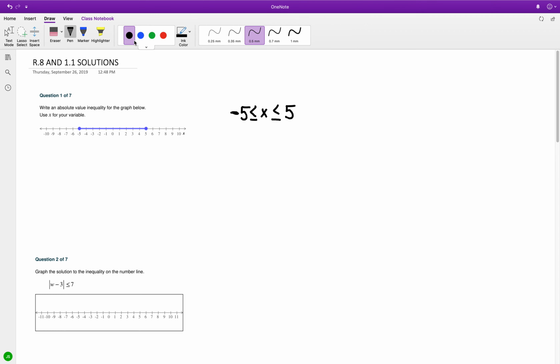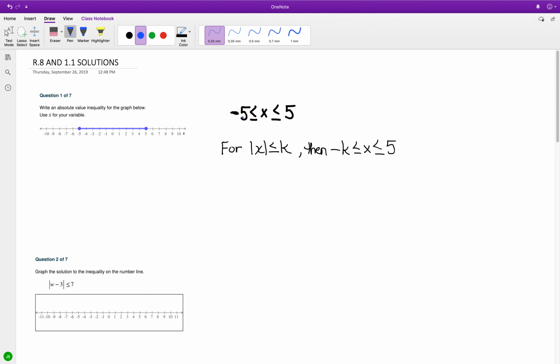And if you recall, among our rules, for all values of x such that the absolute value of x is less than or equal to k, then we have that -k is less than or equal to x, which in turn is less than or equal to k.